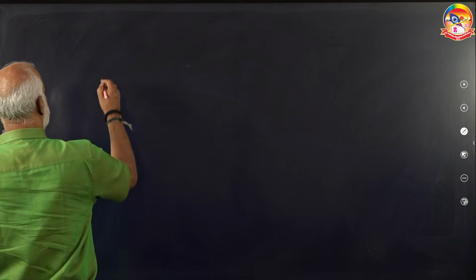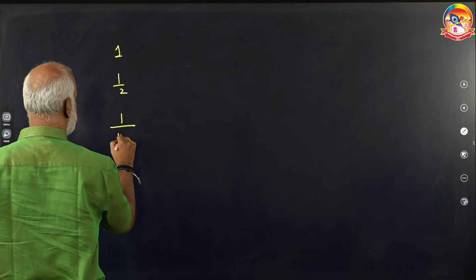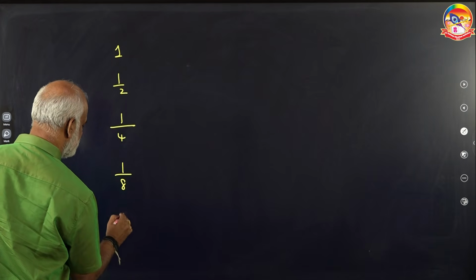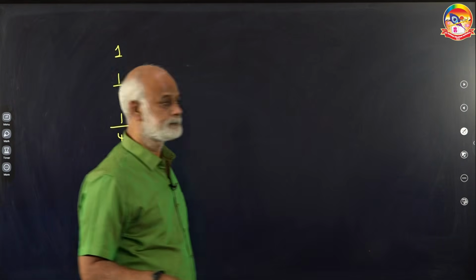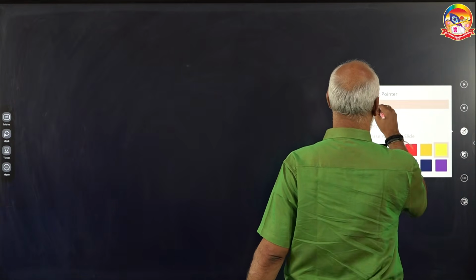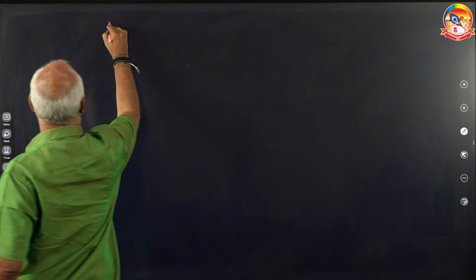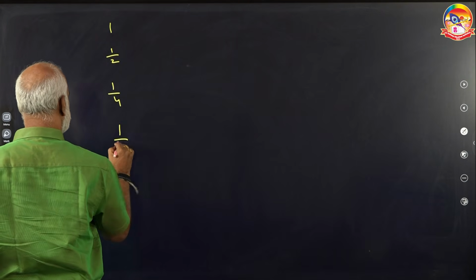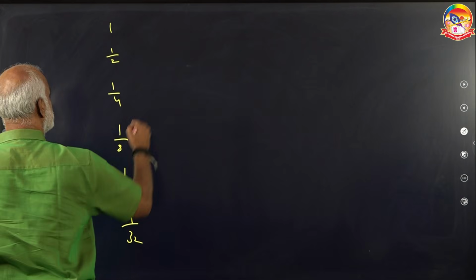Never forget, 1 becomes a half, half becomes 1 by 4, 1 by 4 becomes 1 by 8, 1 by 8 becomes 1 by 16, then 1 by 32.